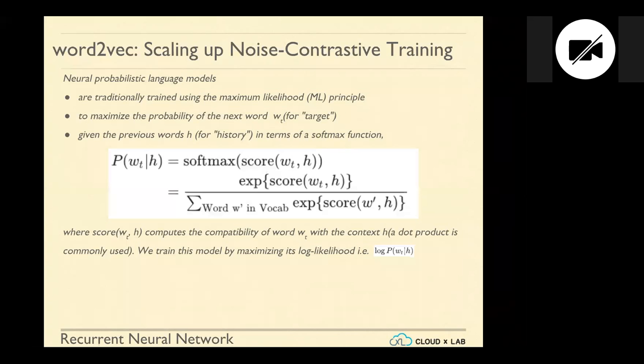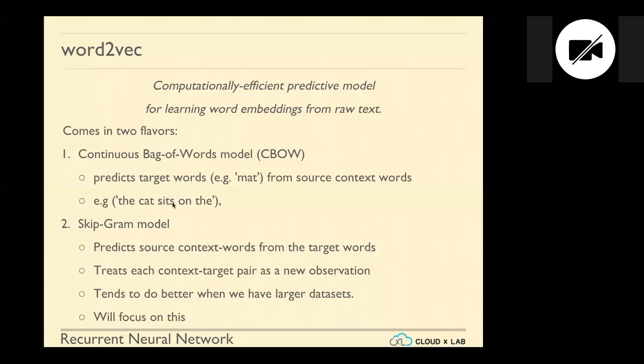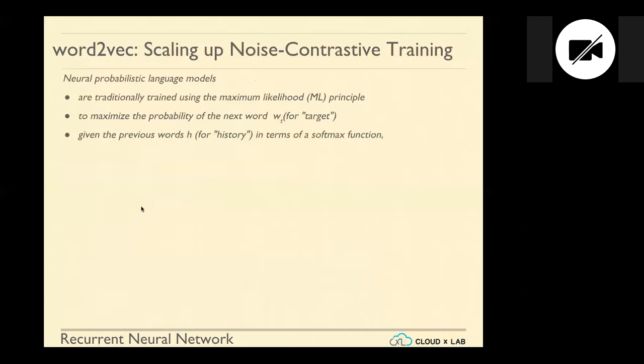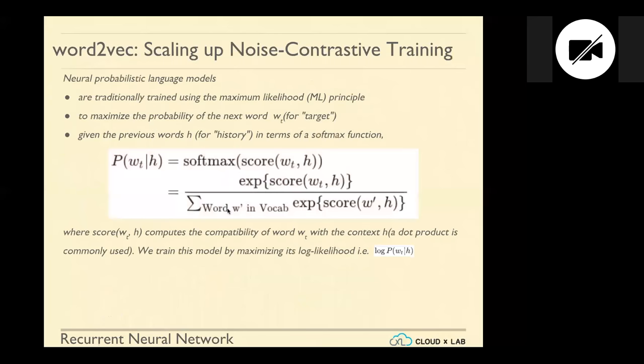The only downside of this was that we had to do this for every word in the vocabulary. Given a sentence like "the cat sits on the", we come up with the next word such that it has the maximum likelihood. How do we do that?